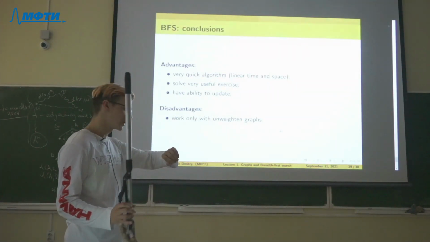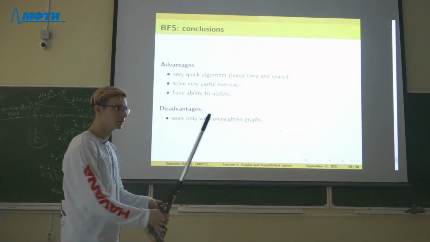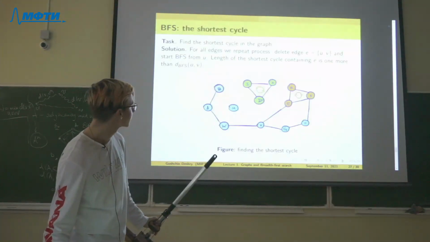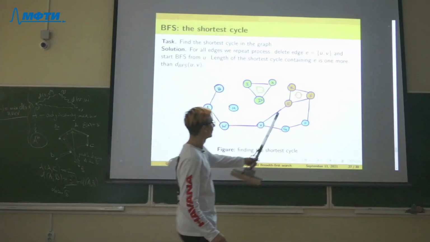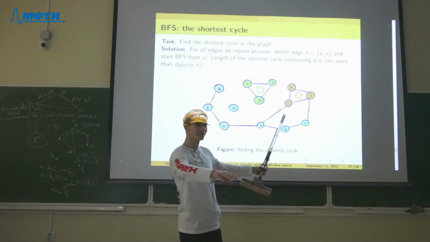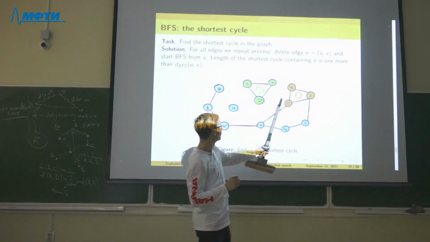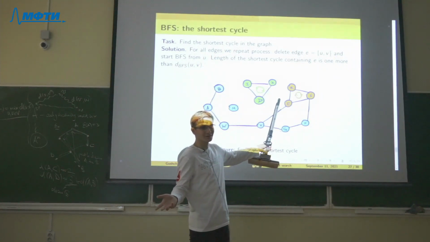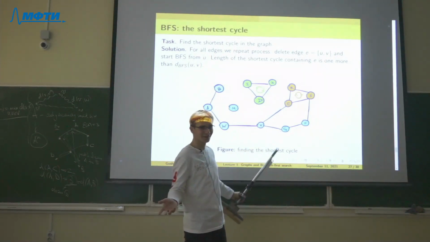So BFS, breadth first search, is a nice algorithm, but of course you need to understand how to use your graph, because if you, for example, remove edges or add edges, as in this task, and your parallel version removes the same edge, what is it? It's a mistake of the algorithm.